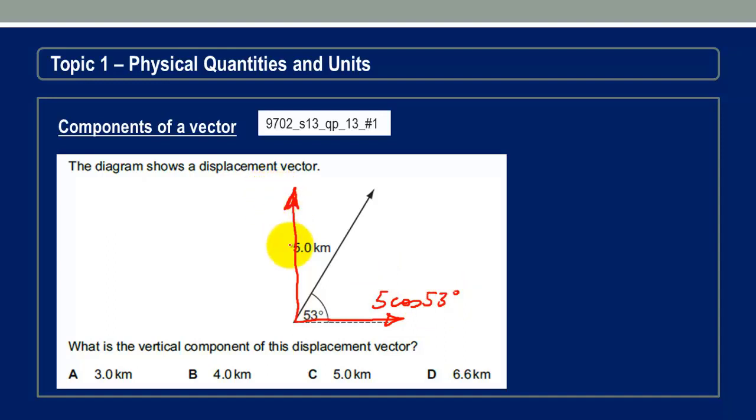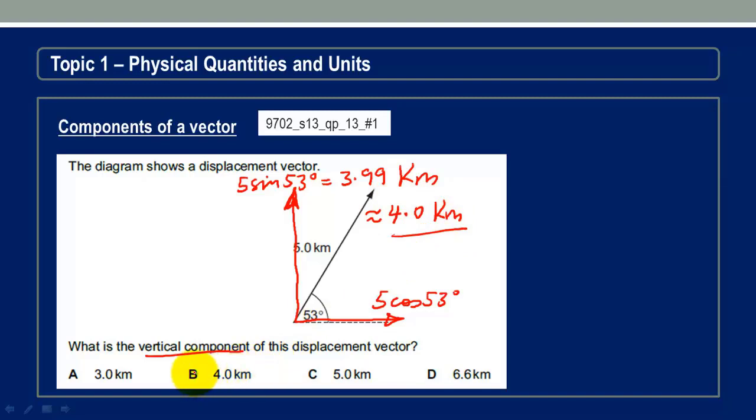But what we require is the vertical component, and that is 5 sine 53 degrees, and this gives us 3.99 kilometers. This is of course approximately 4.0 kilometers, and so the correct answer is B.